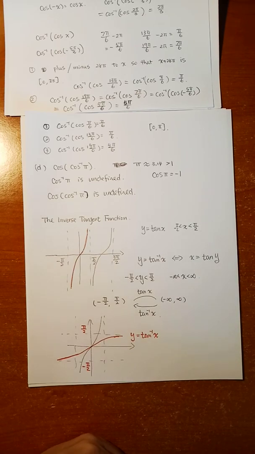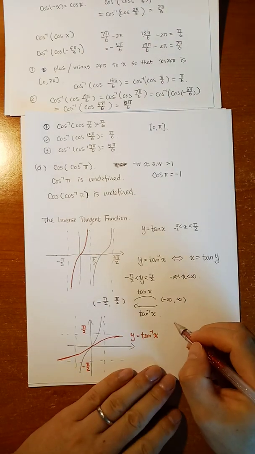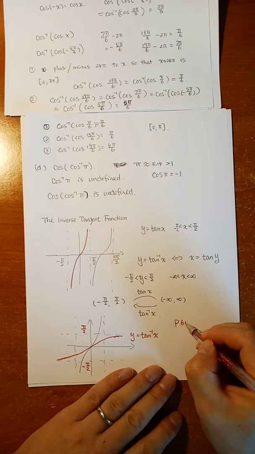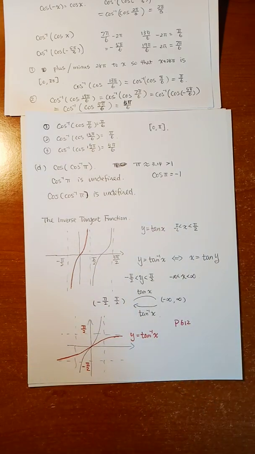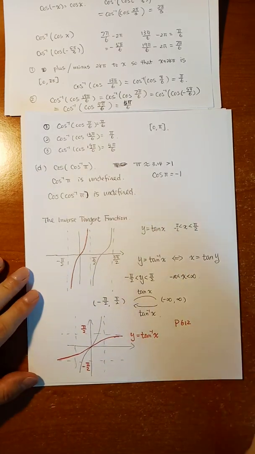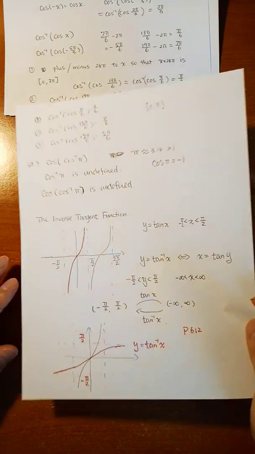And you can find a similar table of the values. It's on page 612. You get the same values. And then you are supposed to evaluate them.